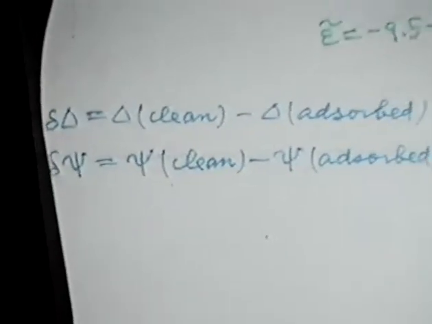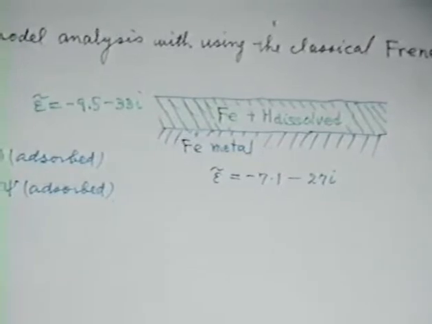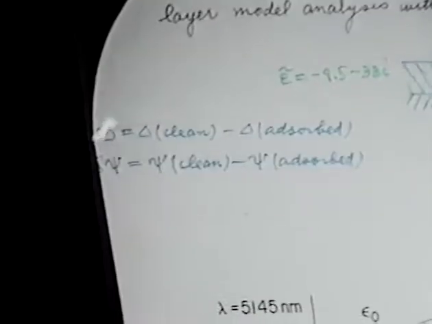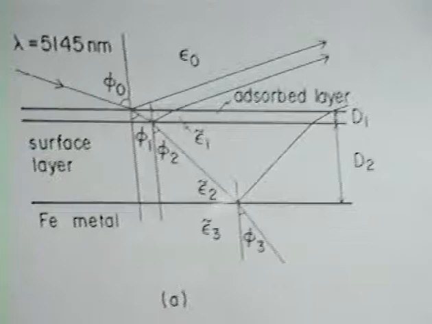Chemical reaction of the surface or absorption of some gases may cause changes in delta and psi. Those we define by those two equations. In what follows, we analyze the changes in delta and psi according to classical layer models.